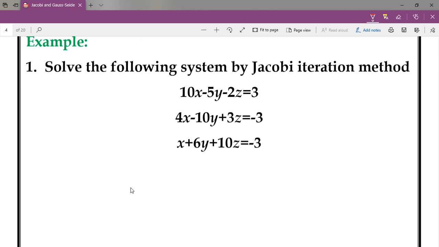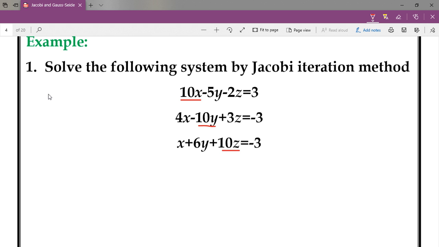Okay. So now solve the system by Jacobi iteration method. Looking at this system, you can easily see that the diagonal elements are much larger than the other two elements.